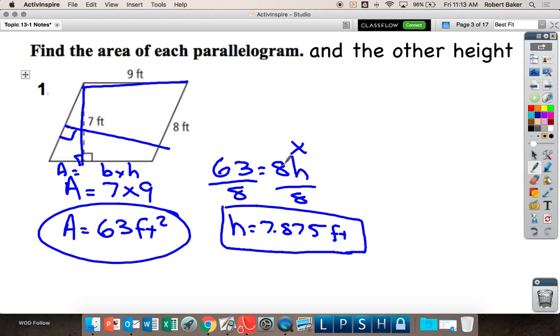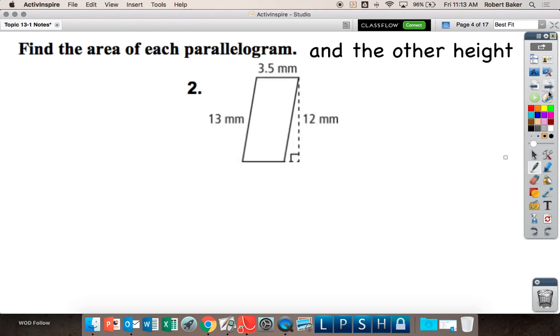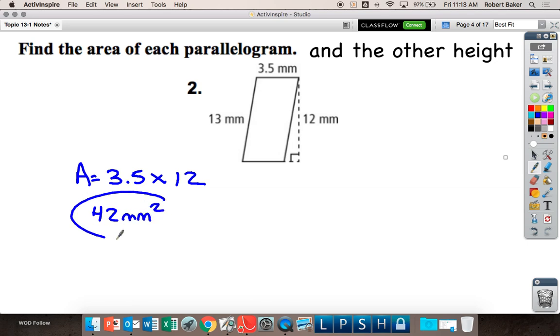Aaron, you good? What about this one? Area equals, what base are we using? 3.5 times which height? 12. 36 plus 6 is 42. So the area of that parallelogram is 42.